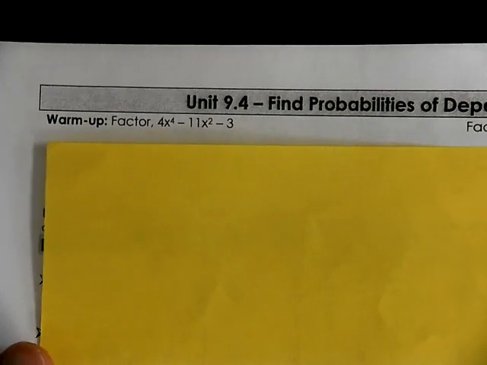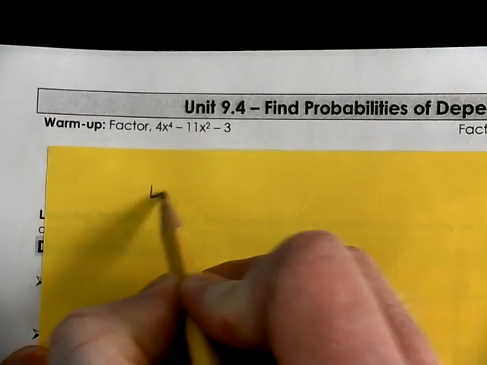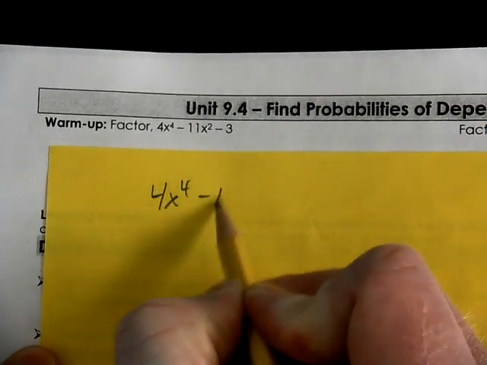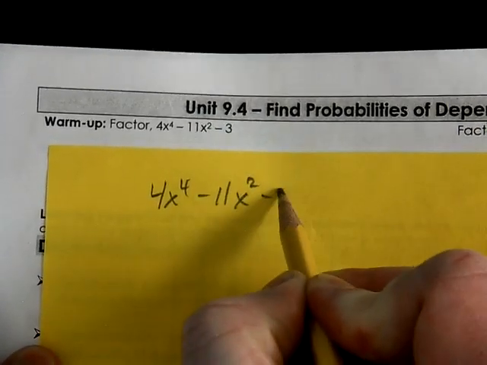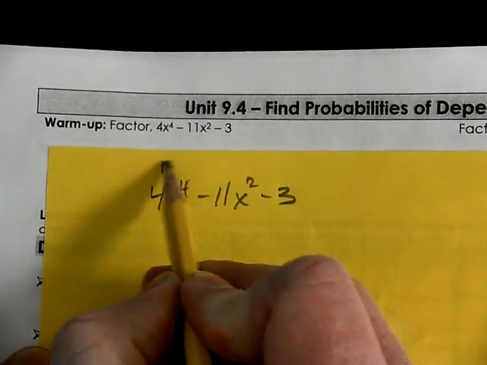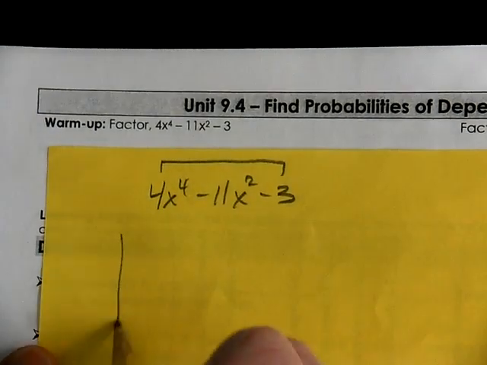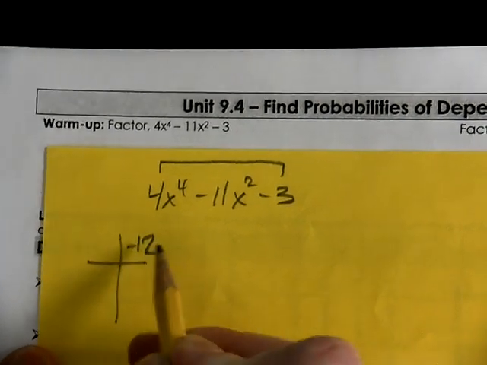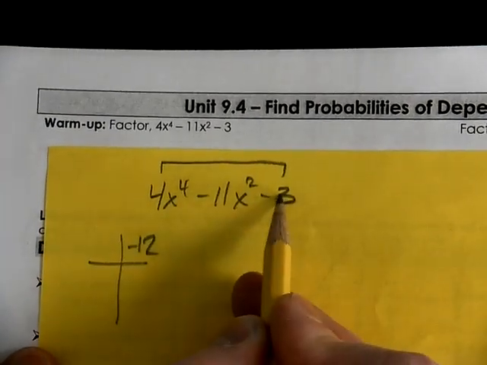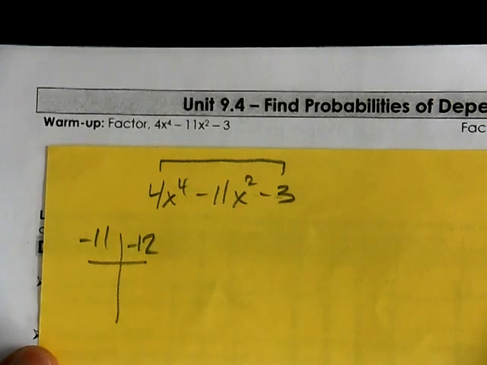So here we're looking at 4x to the fourth minus 11x squared minus 3. We're going to multiply those two numbers together. We're looking for a multiple of 12 that adds to be negative 11.